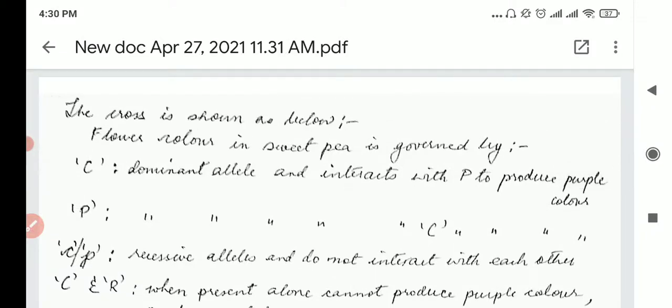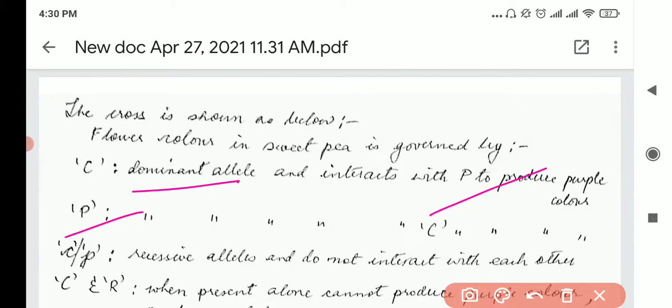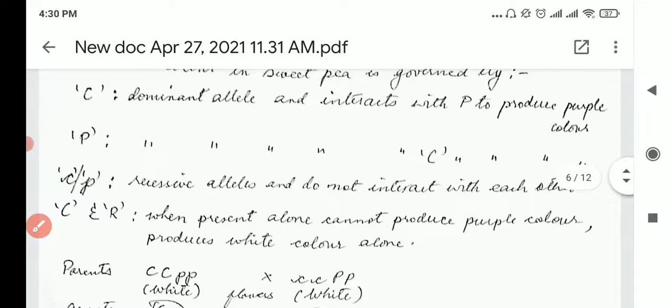Here, in the cross, it will be easier. When we do the cross, we will denote capital C as the dominant allele that needs to interact with P to produce purple color, and capital P is the dominant allele which interacts with C to produce purple color. The recessive alleles cannot interact with each other, and if the recessives are there, they will produce white color.